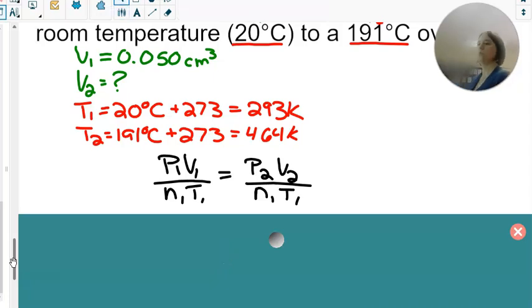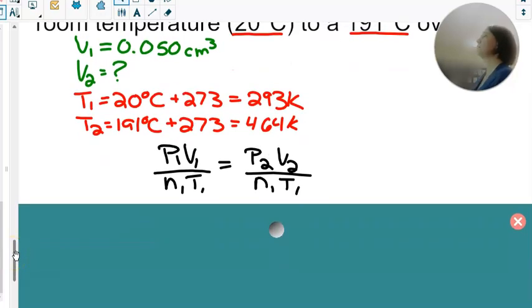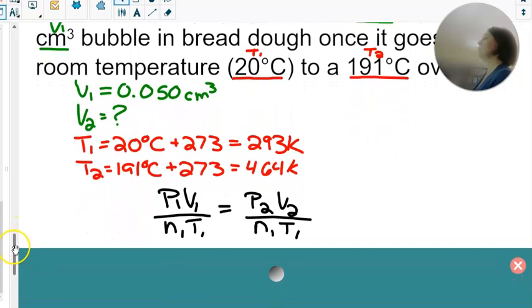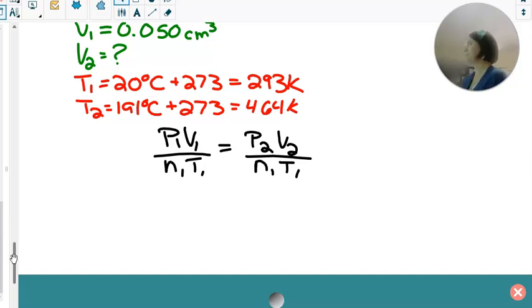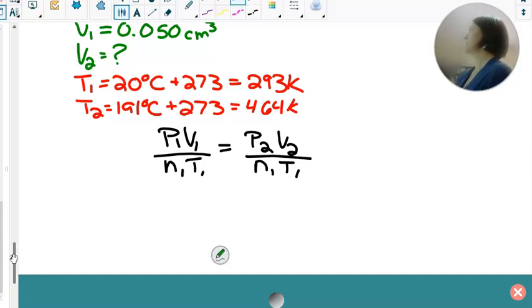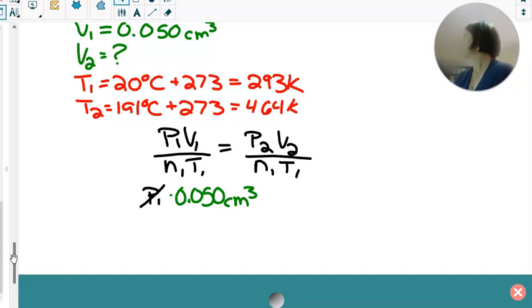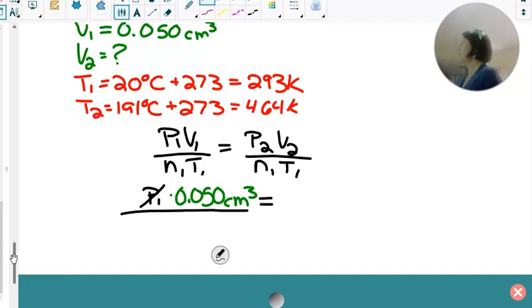So the question is, what do we know? What stays the same? Pressure. Is the pressure inside and outside of the oven going to be the same? Yeah, it should be about 1 atmosphere. Volume, well, no, that's what we're solving for. So V1 is 0.050 cubic centimeters. I'll cancel out the P's.